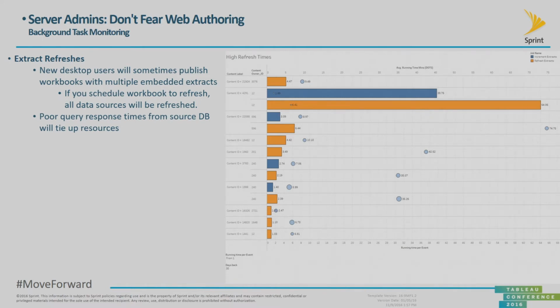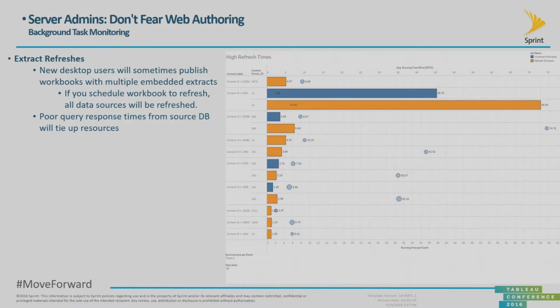The problem is that if you have 3 extracts embedded in a workbook and you schedule the refresh to refresh your hourly data, even though the other ones are only monthly data and don't need updating, Tableau will actually refresh every single one of your extracts within that workbook in a serial fashion. So they can tie up your resources for hours if you don't have all your timers and stuff set.